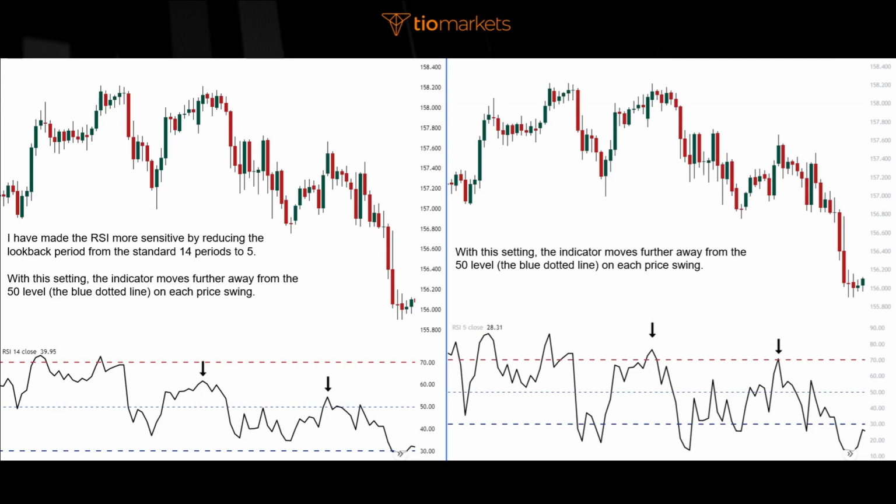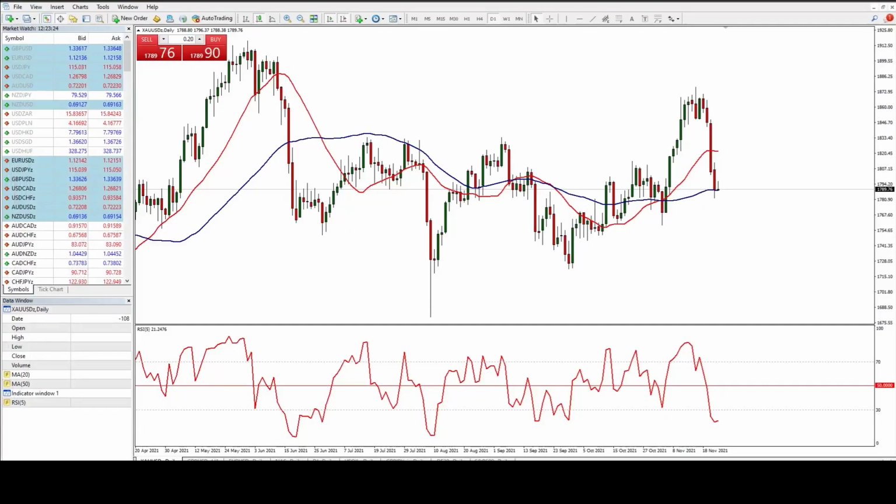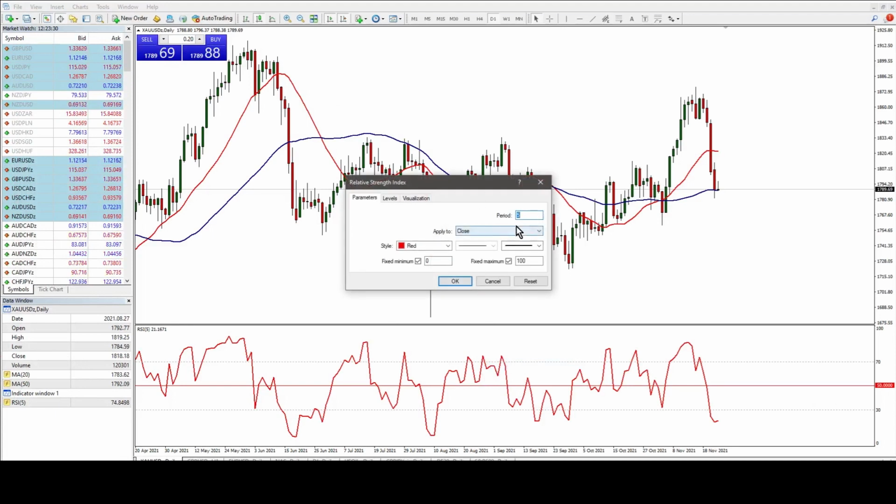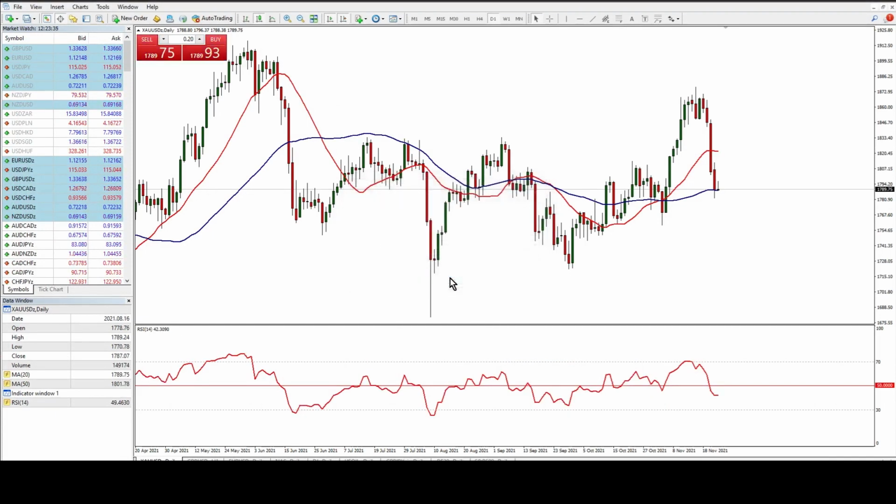Maybe you missed this bit where I showed you what happens here. If you have a 14 period RSI or any higher number, the RSI is less reflective. It doesn't react to price swings that often.